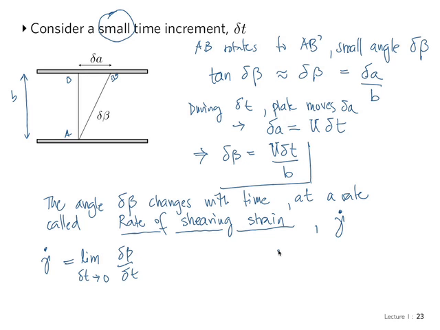We find then that gamma dot is equal to capital U over b. From this expression, we divide by delta t and we take the limit, nothing happens because it's a constant, in this case U over b, which is equal, from the previous slide, to du dy, which is the gradient of the velocity.